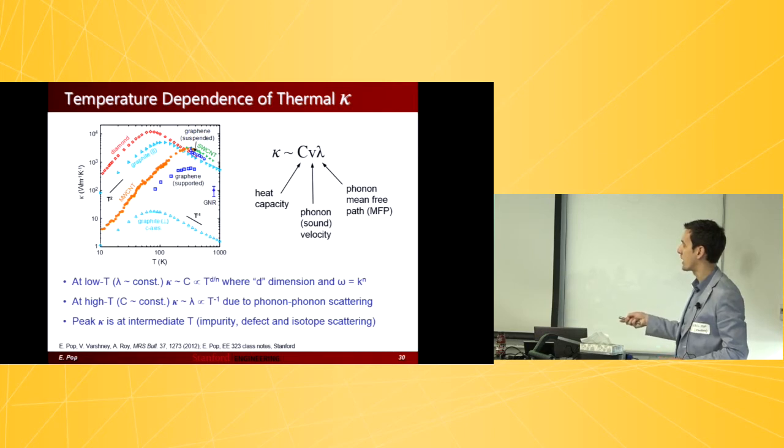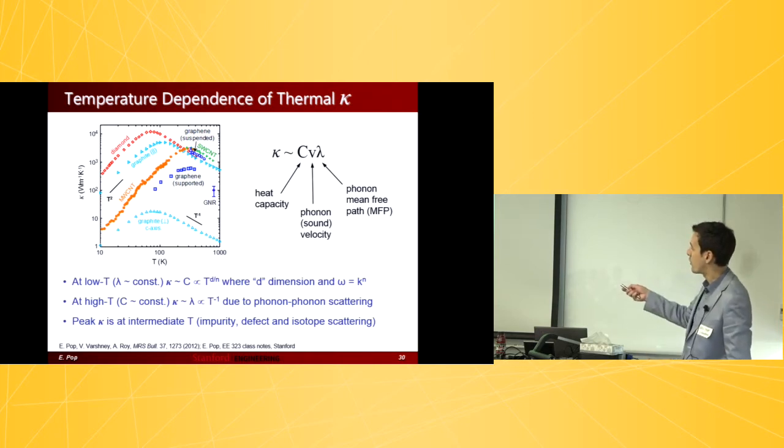And then you start getting this thermal conductivity that scales as 1 over temperature, right? And you see this above about room temperature in graphite, and pretty much all these materials, nanotubes and so on. This is due basically to what's called Umklapp phonon-phonon scattering.